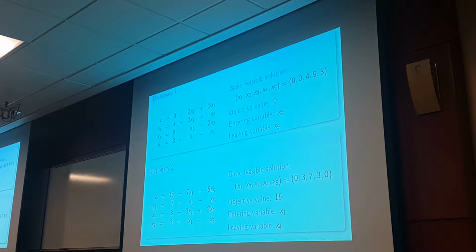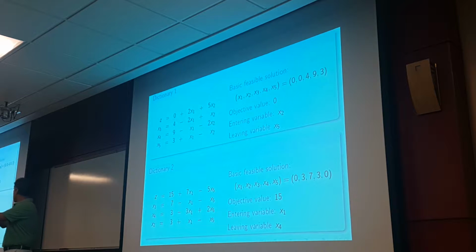All right, so here's the original dictionary. Now, this original dictionary works. It works because it turns out that it is feasible for our linear program to have x1 and x2 equal to 0. I'll show you a picture of that in a moment, but you can see that none of your constraints forbids you from doing that.